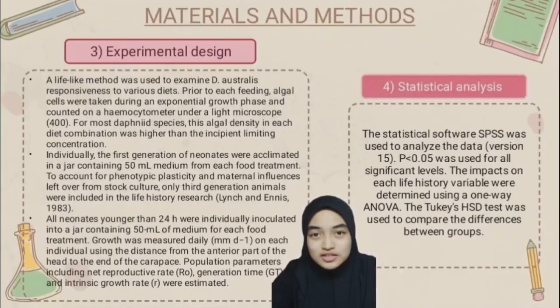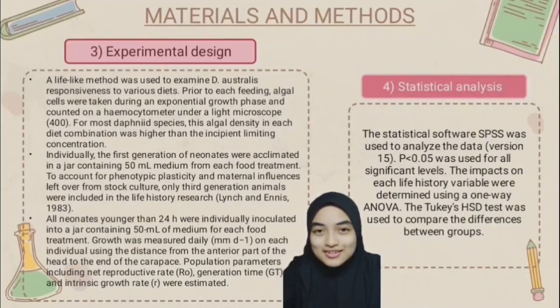Individually, the first generation of neonates were acclimated in a jar containing 50 ml medium from each food treatment. To account for phenotypic plasticity and maternal influences left over from stock culture, only third generation animals were included in the life history research.